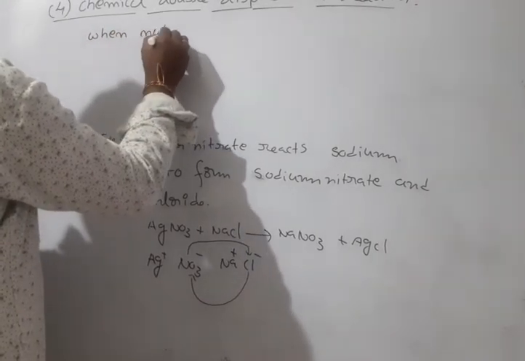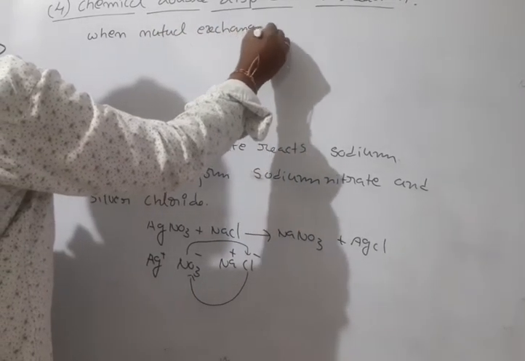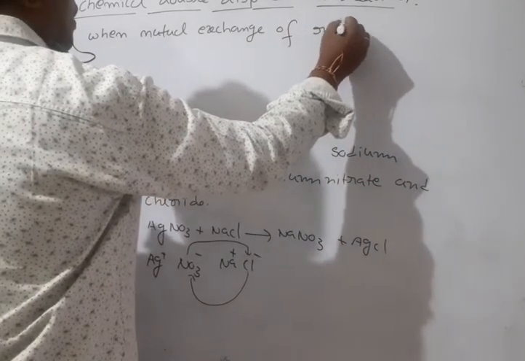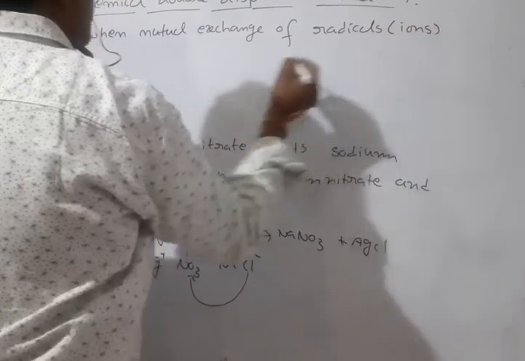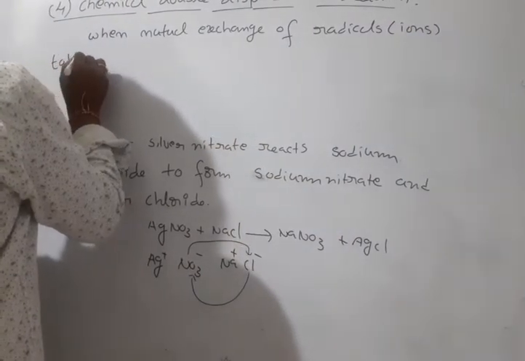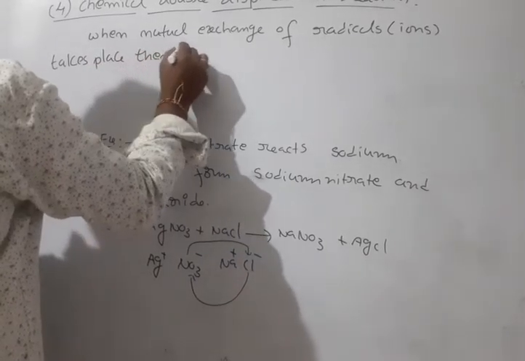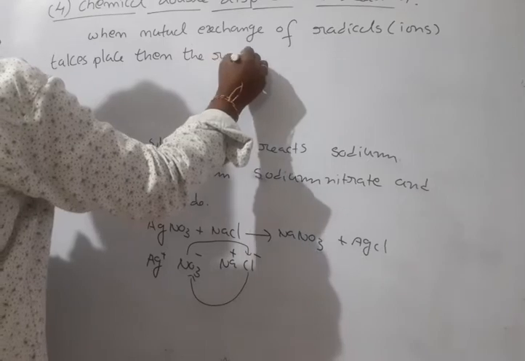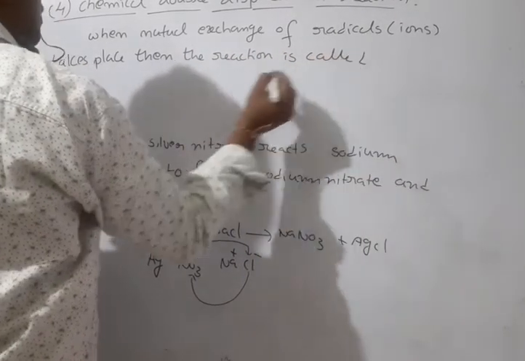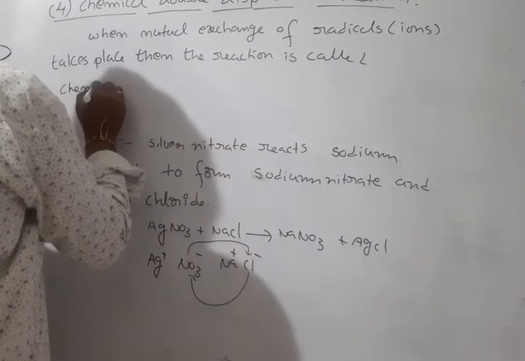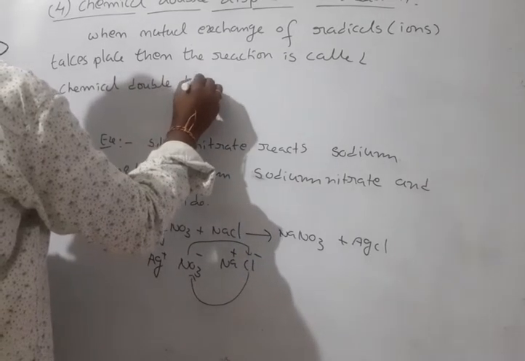When mutual exchange of radicals or ions takes place, then the reaction is called chemical double displacement reaction.